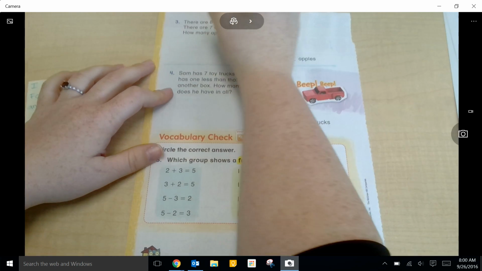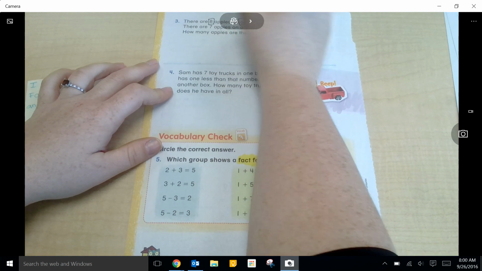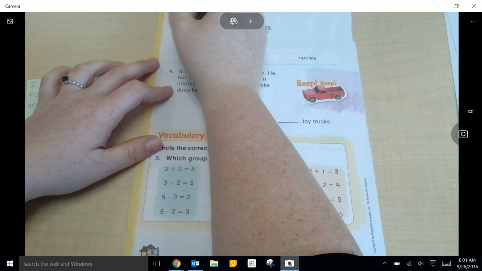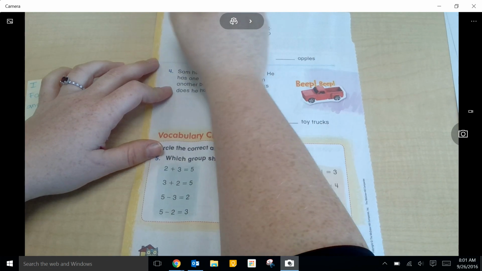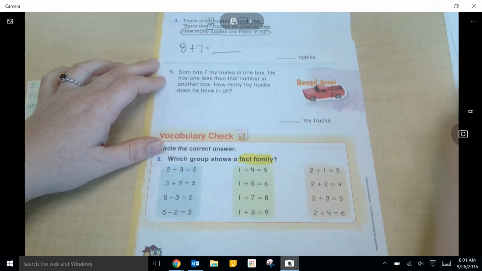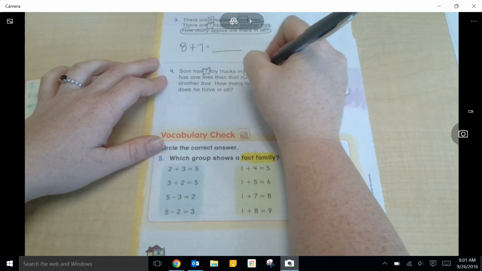Number 3, there are 8 apples on 1 tree. There are 7 apples on another tree. How many apples are there in all? 8 plus 7. Sam has 7 toy trucks in 1 box.